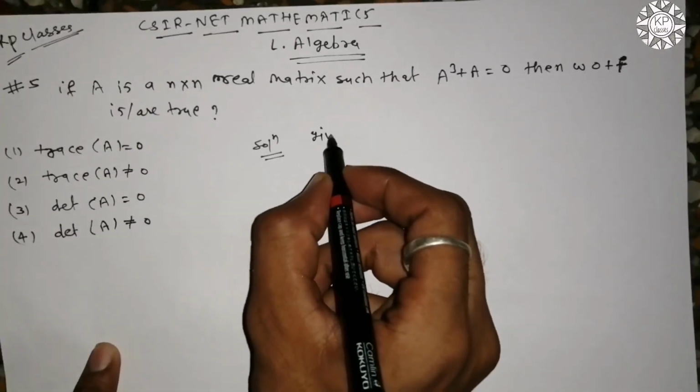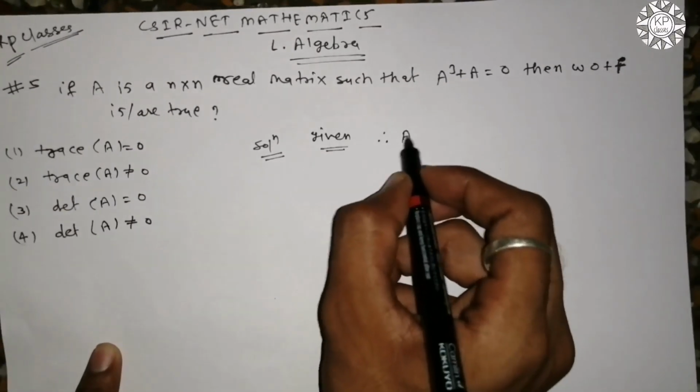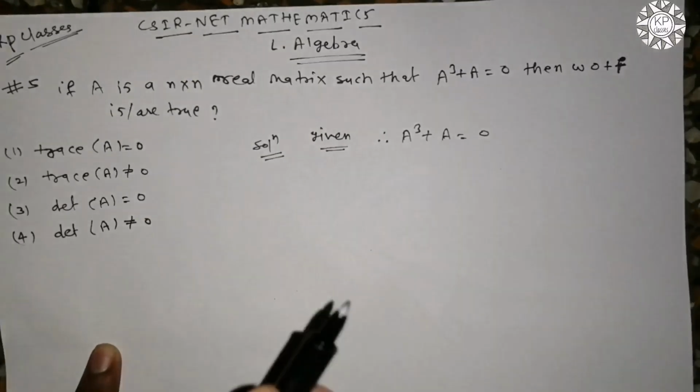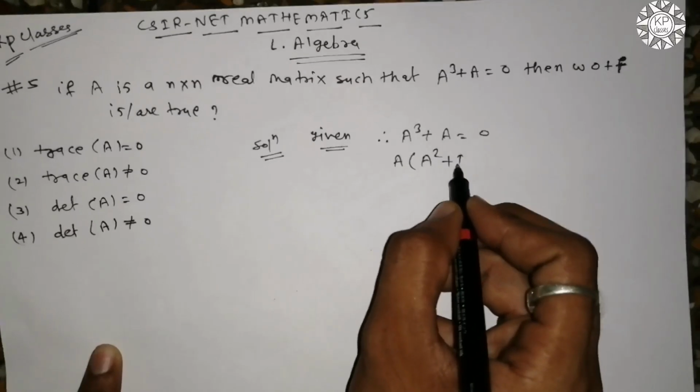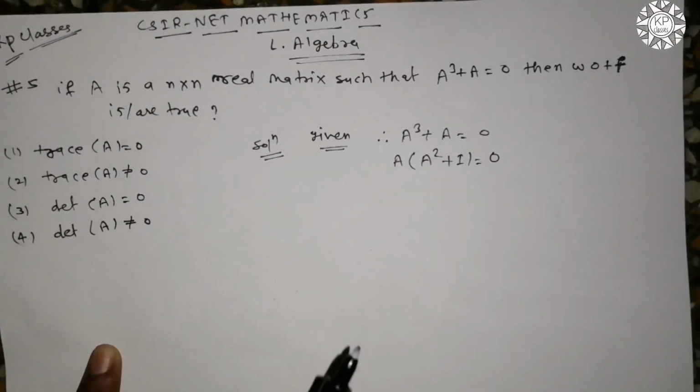Given in this question, A cube plus A equals 0, and the factor is A square plus I equals 0.